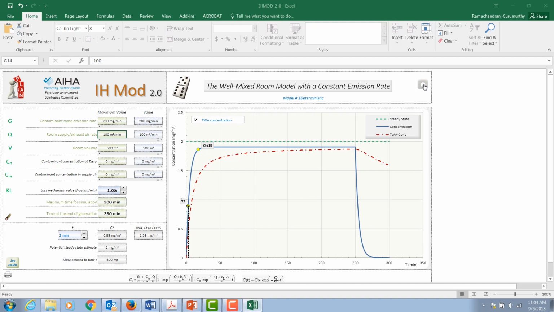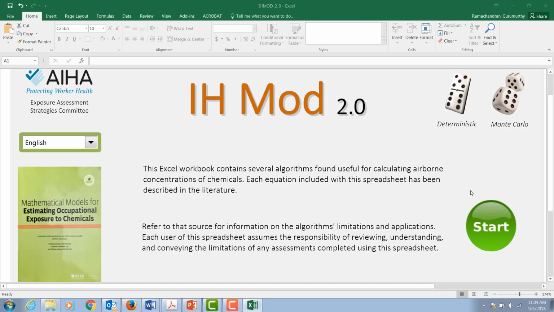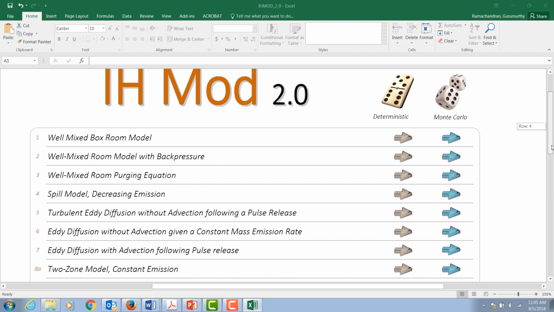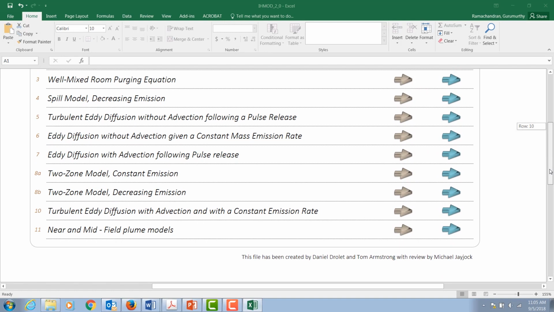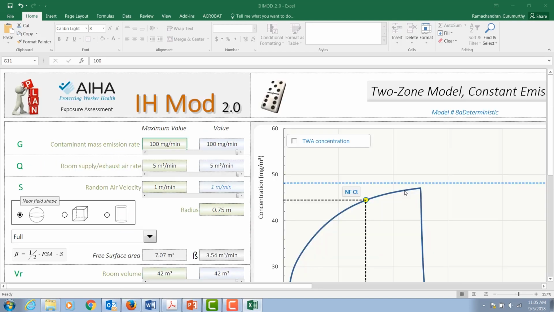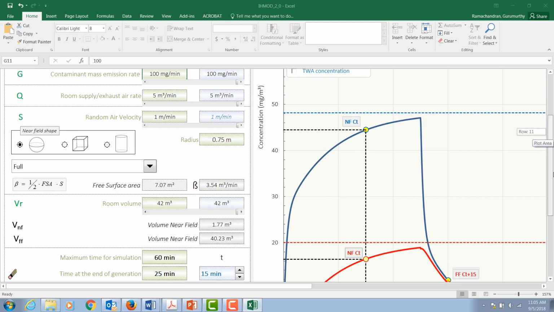We can go back to the first page, come back to this array of models, and let's pick a different model now, the two-zone constant emission deterministic model.